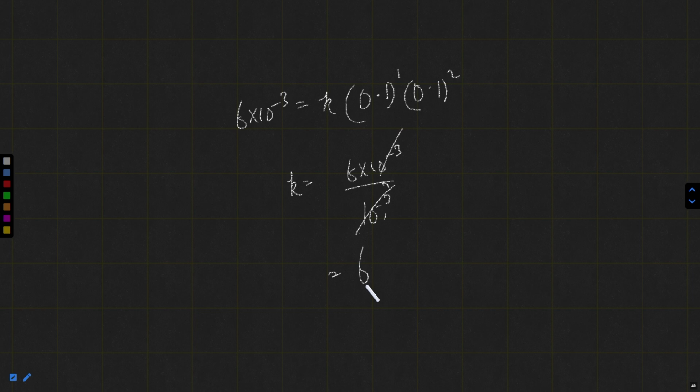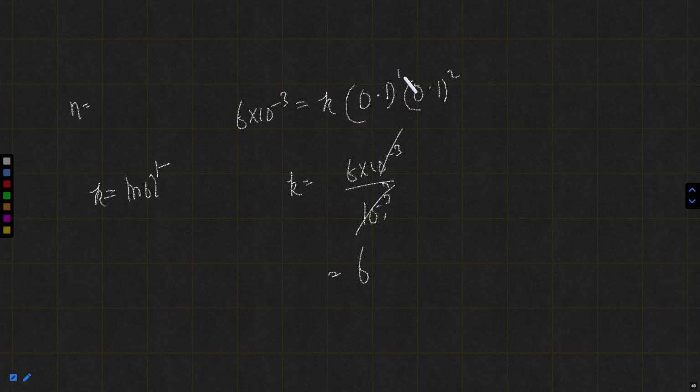What will be the unit of the rate constant? Very interesting question, right? Just don't leave it without writing the unit. It is very important. So we have devised a formula for that. It is mole to the power 1 minus n. What is n here? The order of the reaction.